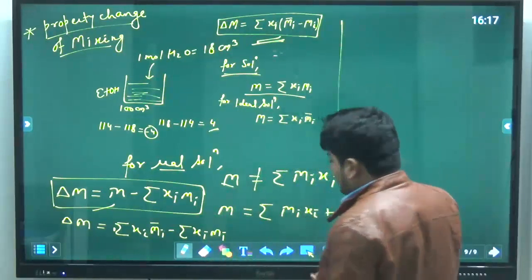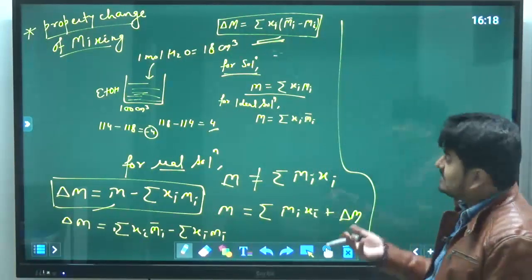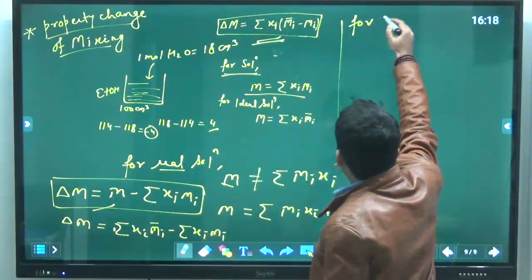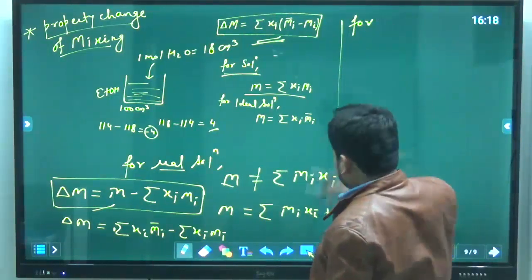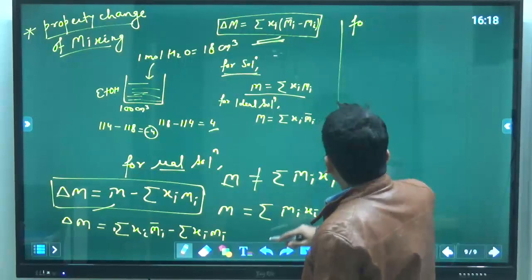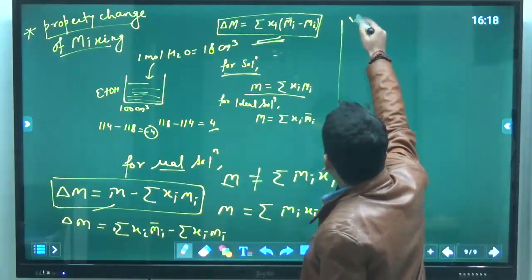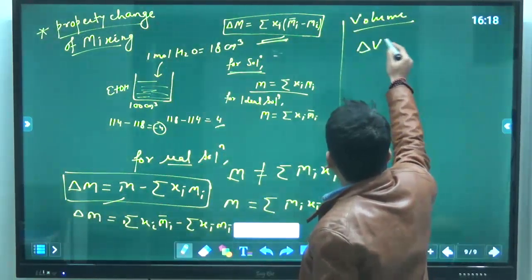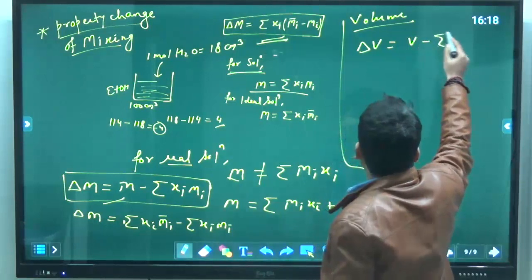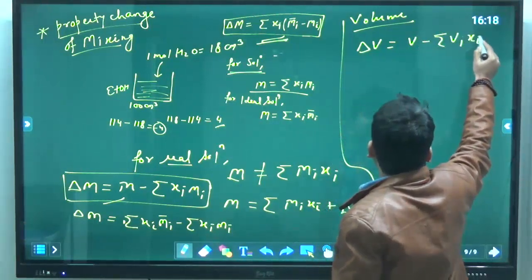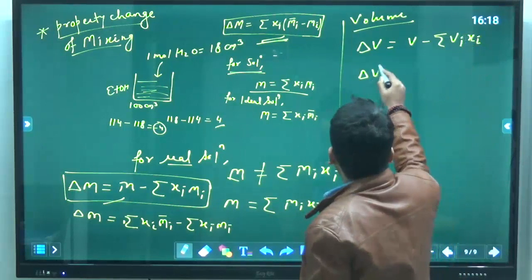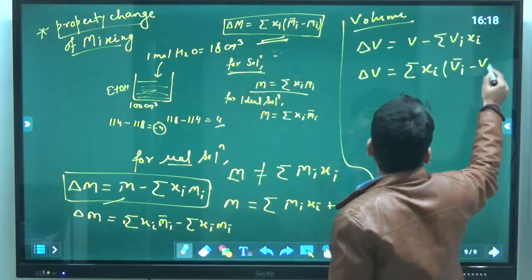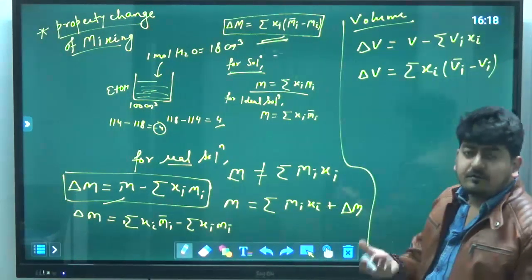Based on these methods, we can write the property change of mixing for different properties. I am writing that directly, simply, for volume: delta V is equal to V minus summation of Vi Xi, or you can say delta V is equal to summation of Xi Vi bar minus Vi.